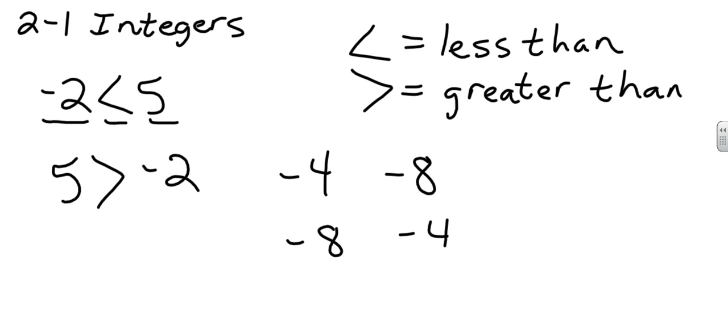Obviously, 4 is closer to 0, so that's going to make it greater than. -4 is greater than -8. Which, if we flip that around, reading it again from left to right, states -8 is less than -4. Okay, so the bigger the negative, the smaller it is. The smaller the negative, the greater it is.